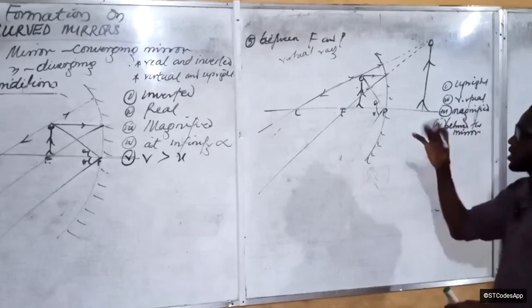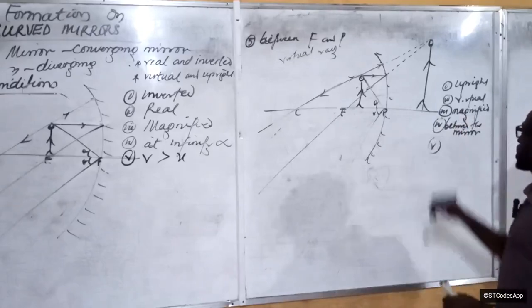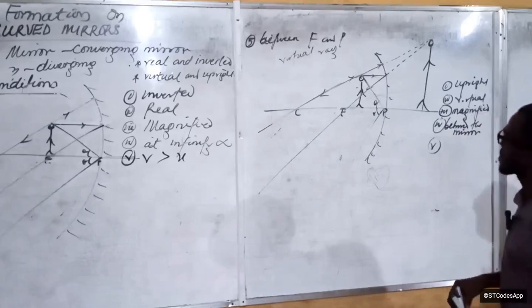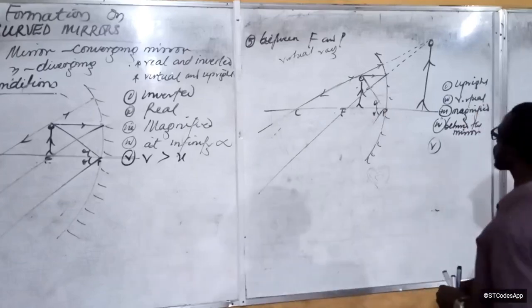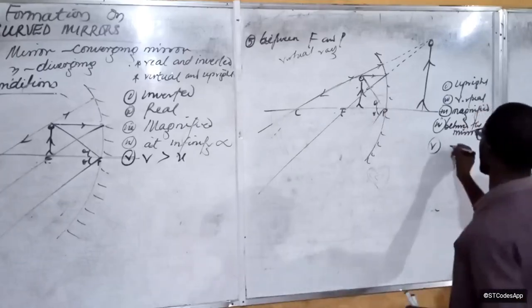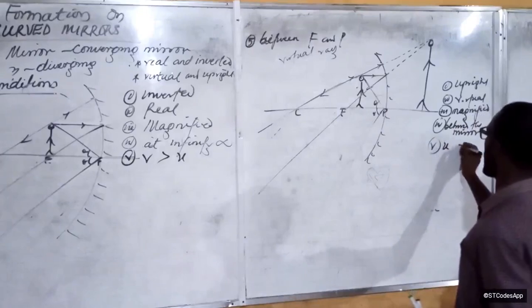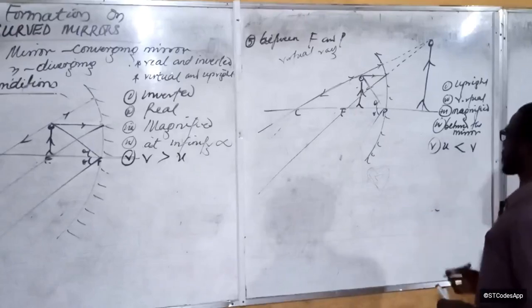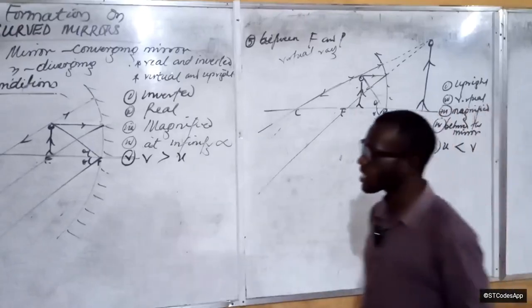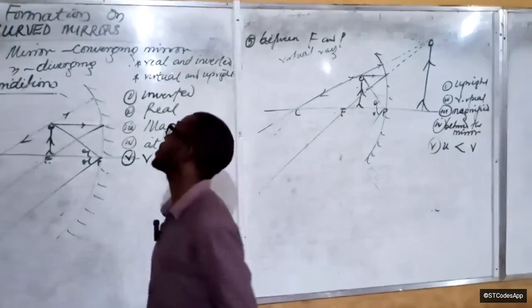So far we've been forming images in front of the mirror. And then the last one is the size. So what do you notice about the size? It looks to me like the object distance is less than the image distance. Is that okay? So these are the characteristics of the image formed on a curved mirror.